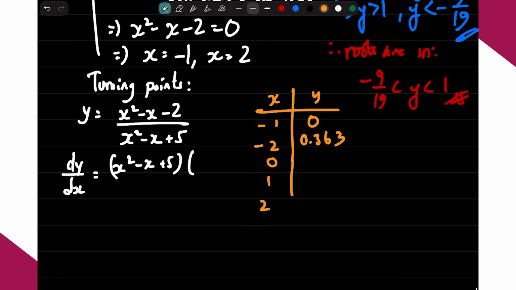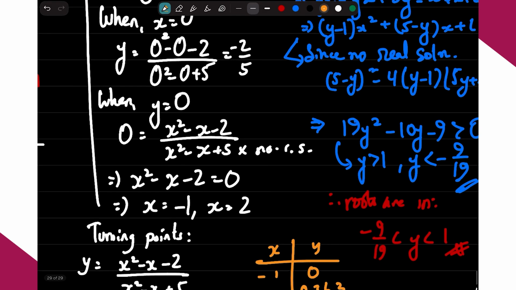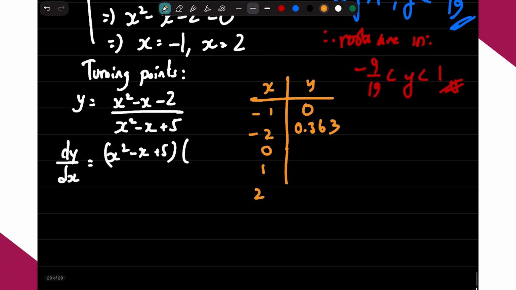0.363. Then for x equals 0, we already know that this is -2/5, and that's going to be -0.4.